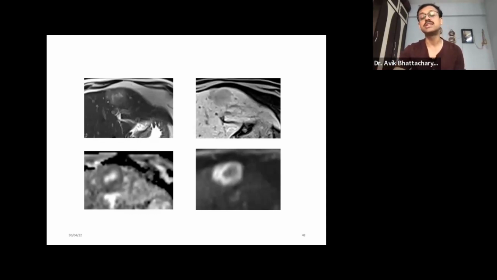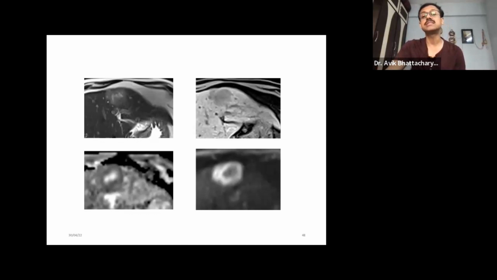Otherwise, for the smaller LR4 lesion we can directly go for radiofrequency ablation. If it is a lesion less than 3 centimeters, few of the patients would have ascites and the liver would be significantly fibrosed, F4 fibrosis. There will be a chance of hemoperitoneum if I go for a biopsy.